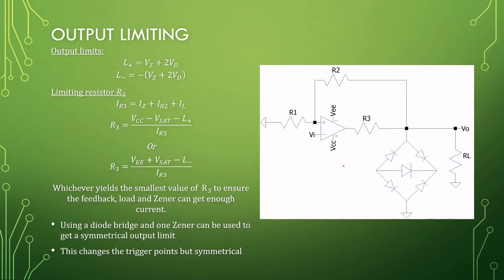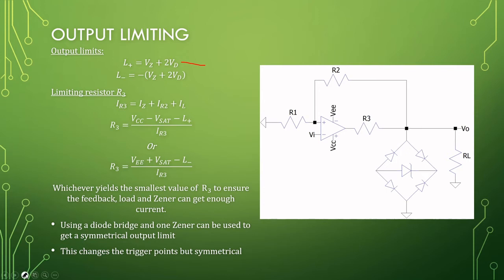Okay, the second output limiting circuit is to use a diode bridge with a Zener in the middle. So looking at the current flowing for a positive cycle, current will be flowing down here. Can't go that way, through the Zener, down to ground. Okay, so we have one diode drop, one Zener drop, and another diode drop. So that is our positive limiting.